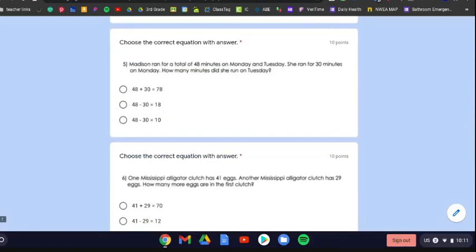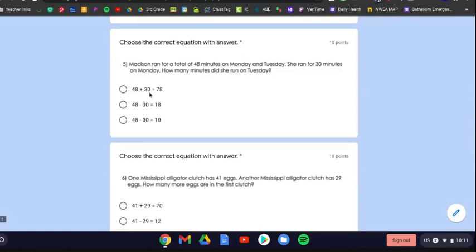The second 2 pages, numbers 5, 6, 7, and 8, were number stories or word problems where you had to find the equation and the answer. So we have put in the word problem, and you need to find the correct equation. Choose the equation with the answer. Madison ran for 48 minutes on Monday and Tuesday. She ran for 30 minutes on Monday, so how many minutes did she run on Tuesday?